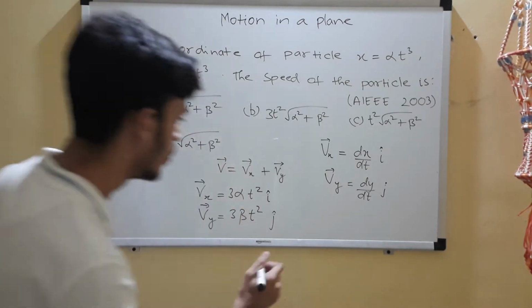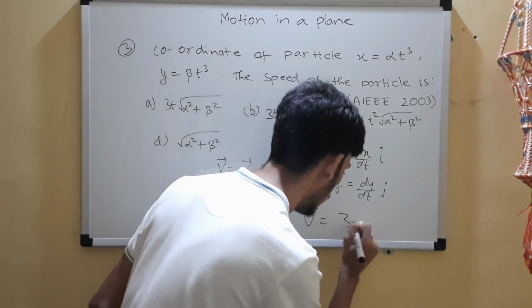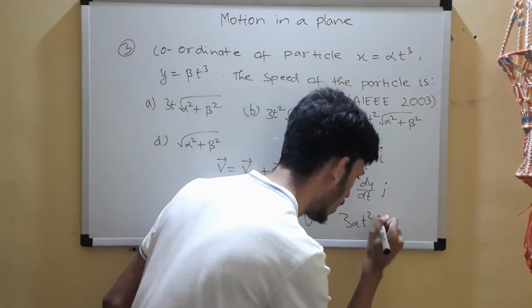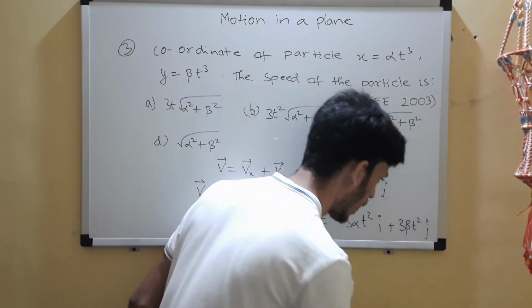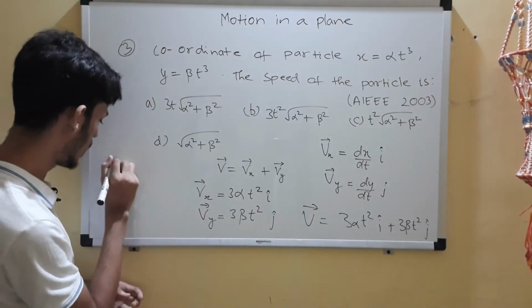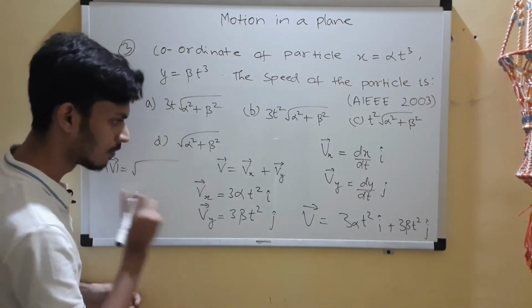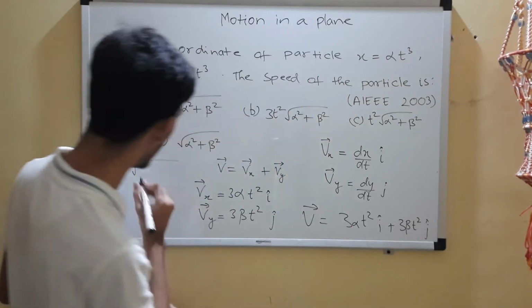So now you can put that under one roof, which is 3 alpha t square i cap plus 3 beta t square j cap, okay? And now just find the magnitude. What is the big deal? Just square this plus square this, right? You have to square the coefficient of the components.